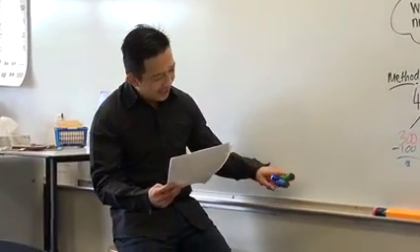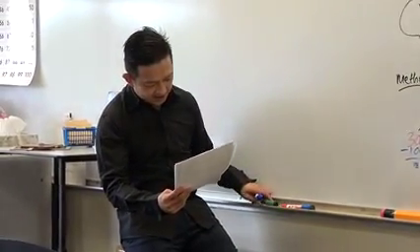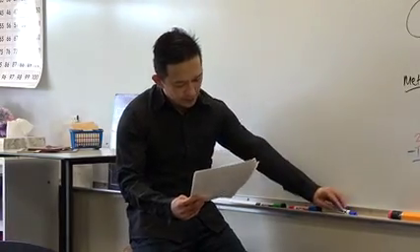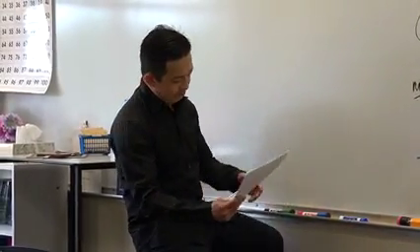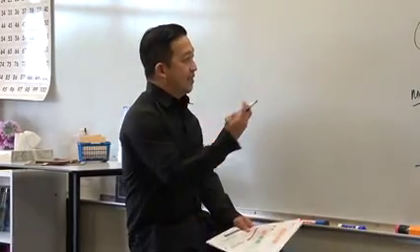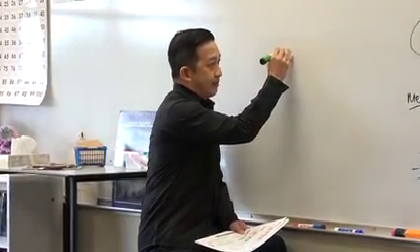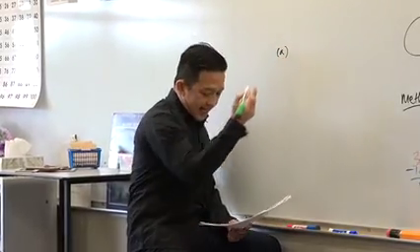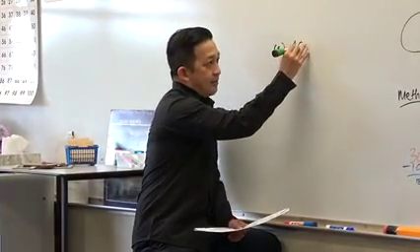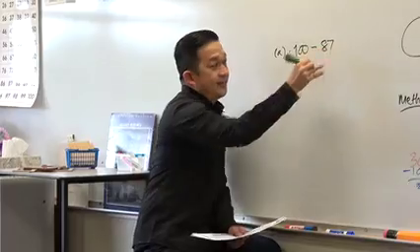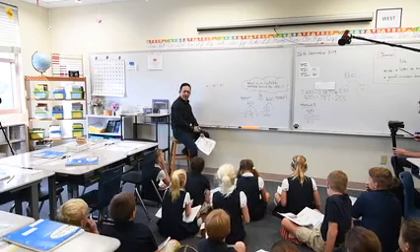So, look at a guided practice. I want to ask your opinion. For the guided practice, I wonder what can I do. Let's say for question A, it is 100 take away 87. I wonder what's a good way to break 100 up.